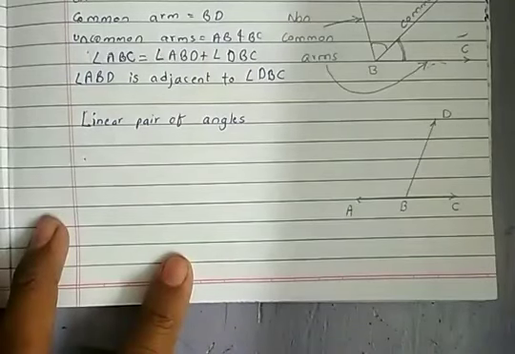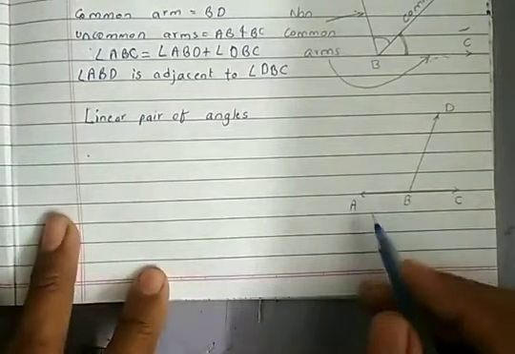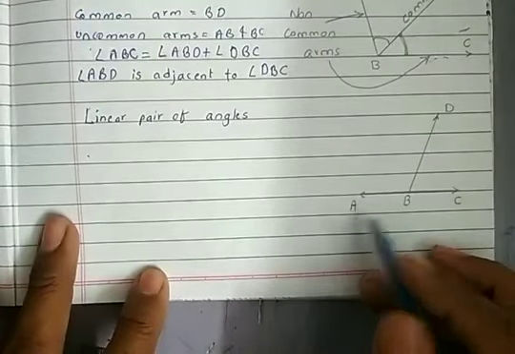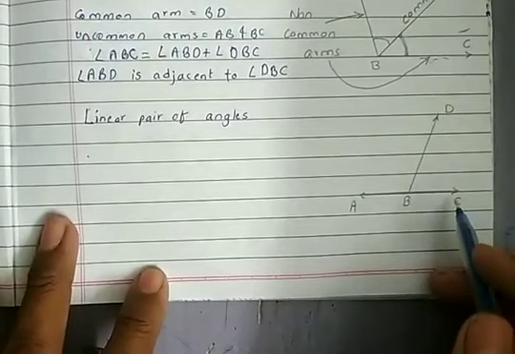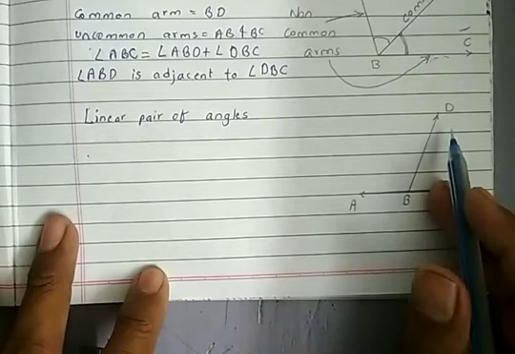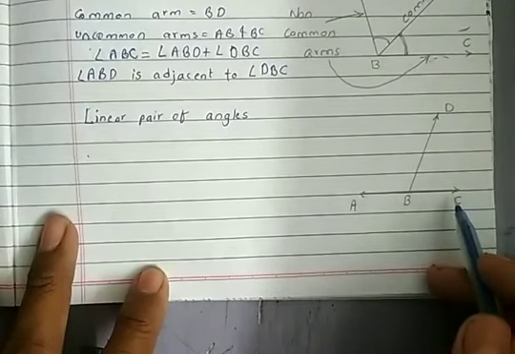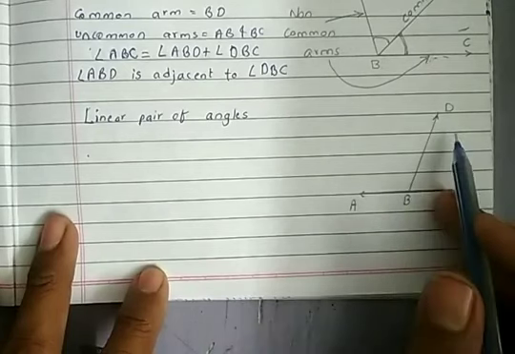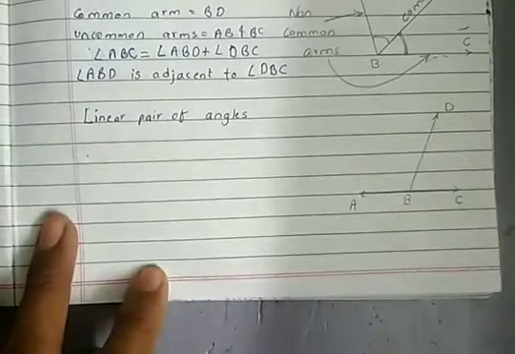Now let's study linear pair of angles. What are linear pair of angles? When ray AB and ray BC, right? These are two non-common arms. The common arm is BD. When these two non-common arms form a straight line, then angle ABD and angle DBC are called linear pair of angles.